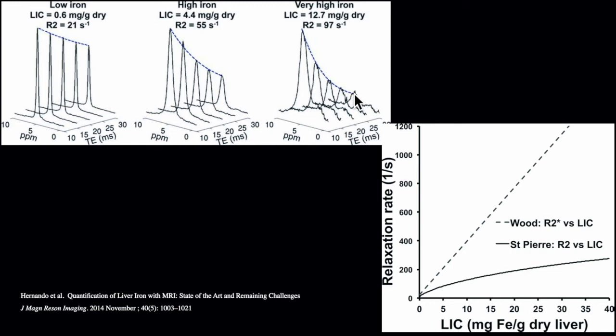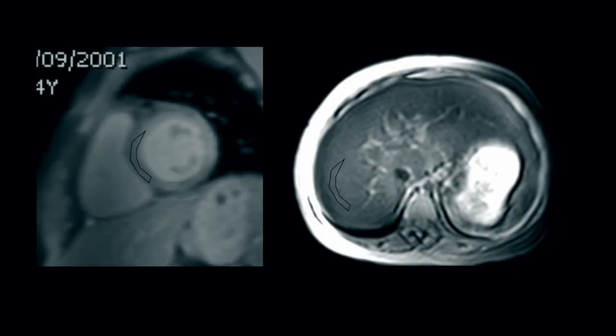So by determining the slope of the graph, we can actually quantify the iron overload in that particular tissue. R2 star, so this is a graph showing the R2 star. R2 star represents the relaxation rate, which is nothing but 1 divided by the T2 star.